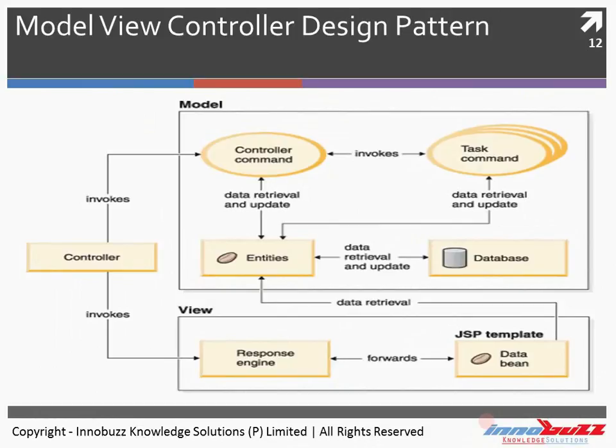So this is the basic diagram which clearly shows you the separation of model component, view component and controller component in the MVC design pattern. You can see the controller only handles the request and invokes the appropriate model.